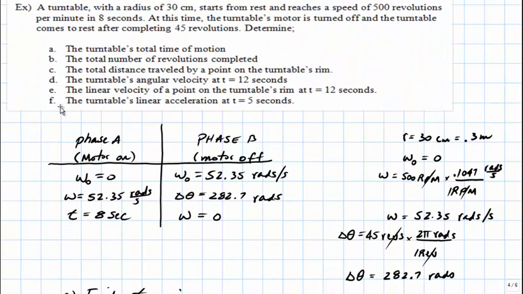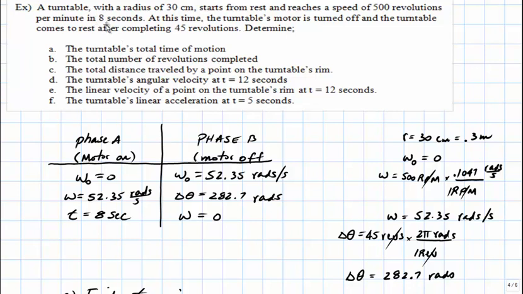Finally, in part F, we would like to determine the turntable's linear acceleration at t equals 5 seconds. Once again, let's note that at t equals 5 seconds, the turntable is still within phase A, right?